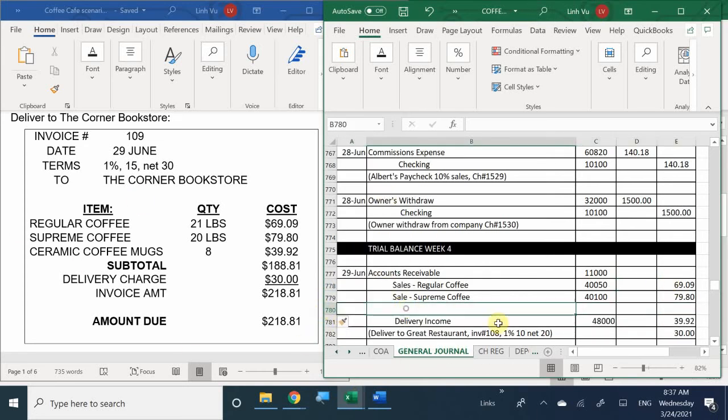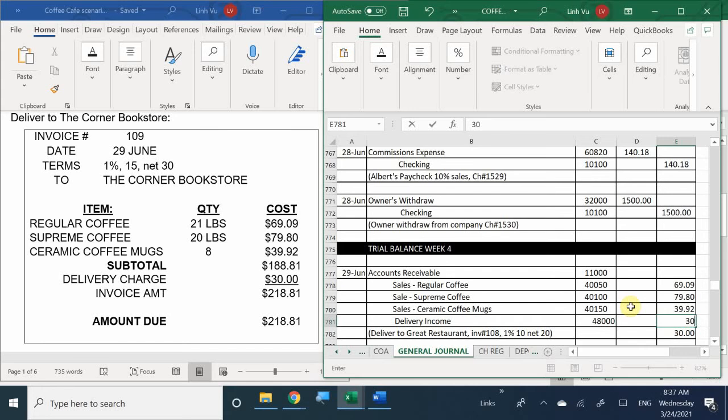Insert sales, which should have been 41.05, or 150 for the 39.92.